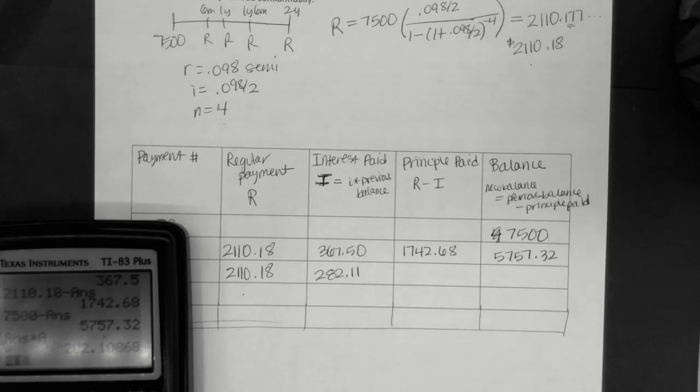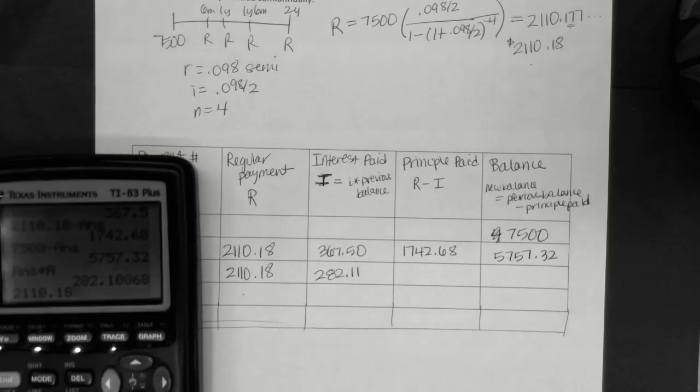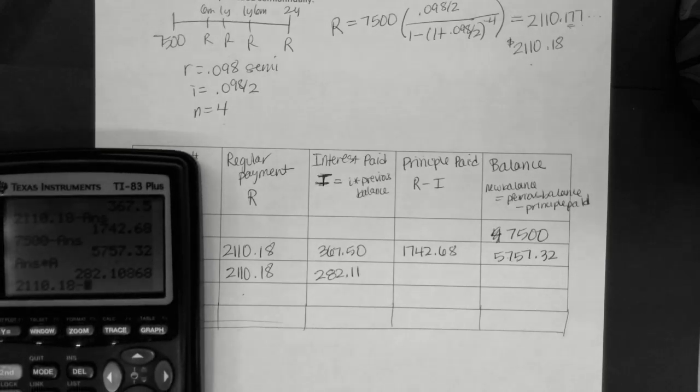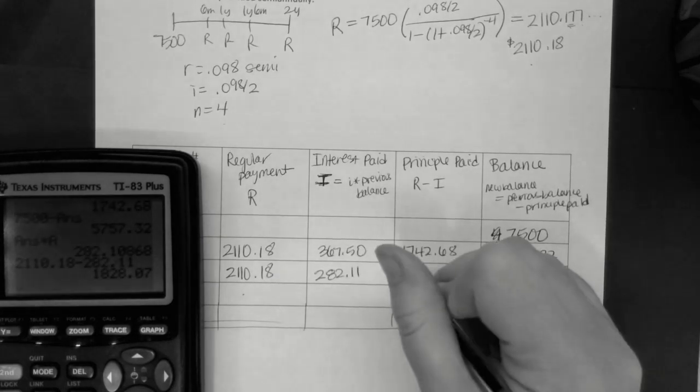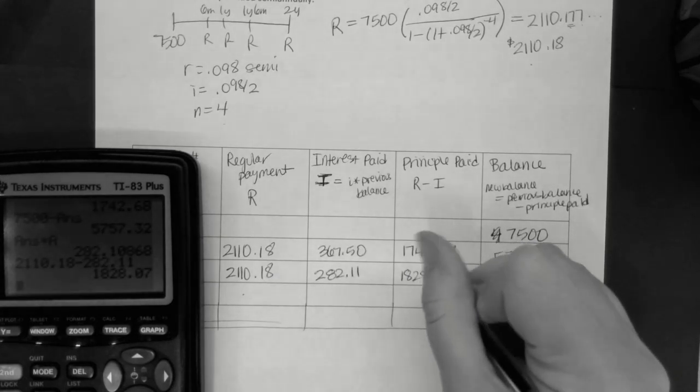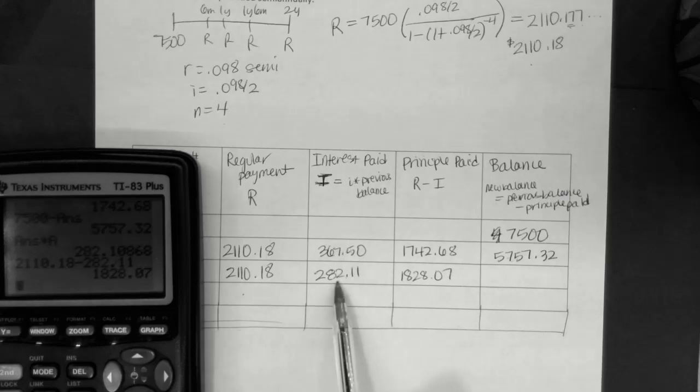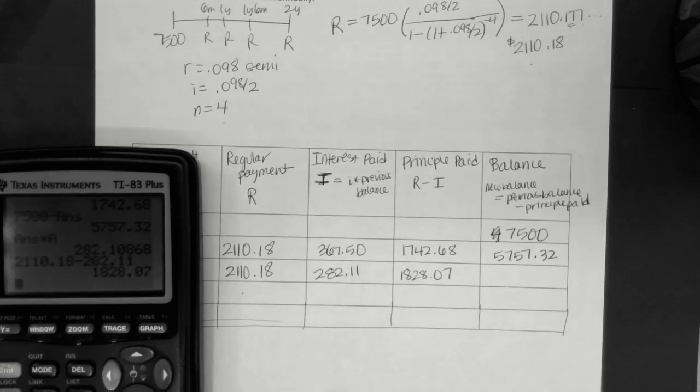So I take my regular payment, I subtract the $282.11. So I get $1,828.07. So notice my interest went down and my principal went up. Okay, there's always going to be that dynamic here. One of them's going to go down and one of them's going to go up. It's called an inverse relationship. You don't need to know that, but just some more math for you.